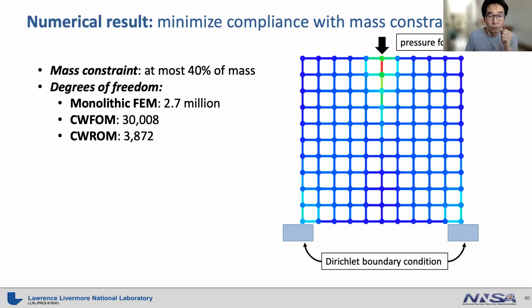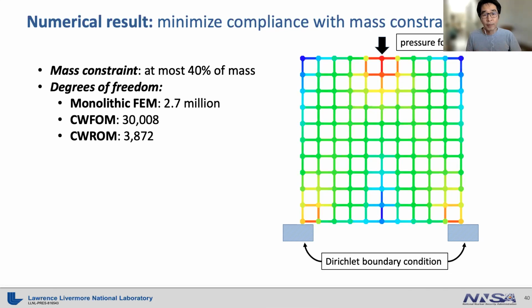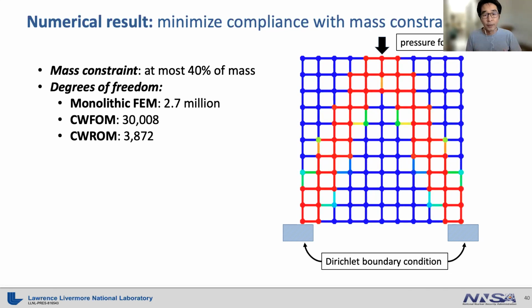And then if you run the optimizer, it evolves by changing the density variable, and the red means density variable 1, and the blue means the density variable of 0.01. So only the red parts remain as an optimal lattice structure.